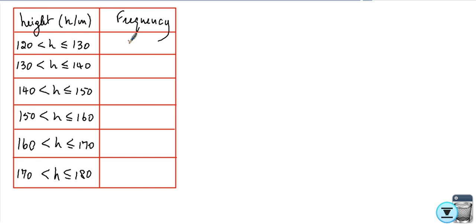We had 4 people, we had 6 people, we had 10, we had 15 people, we had 8 people, and we had 5 people. Alright, so that is our data.